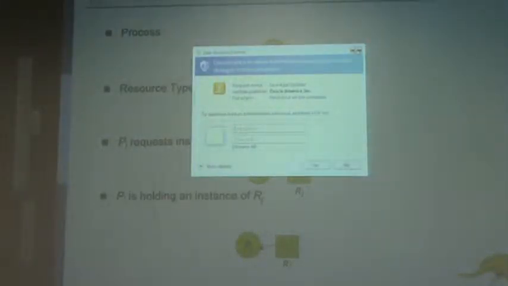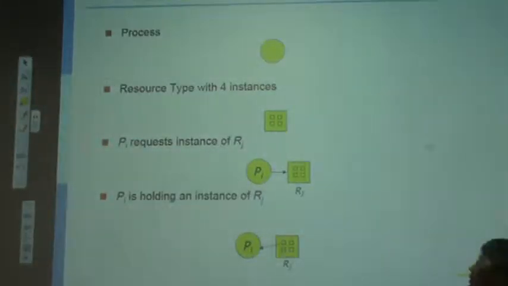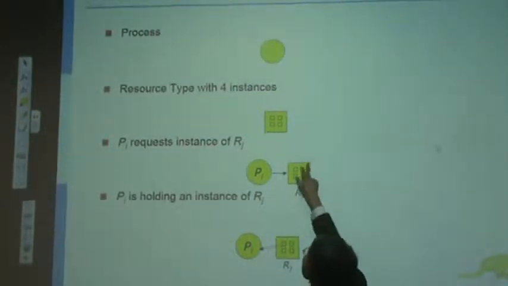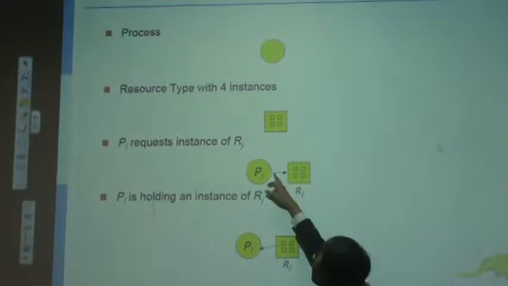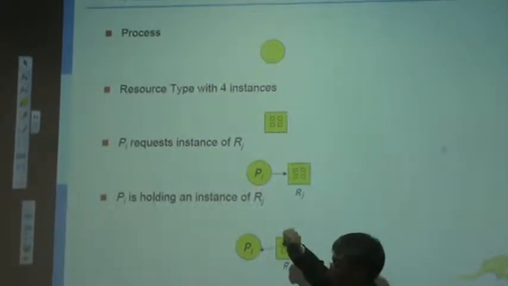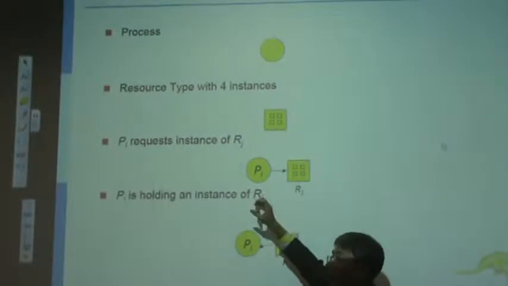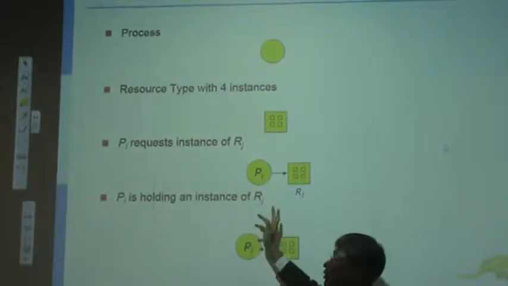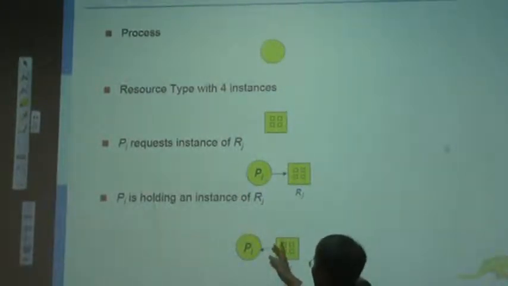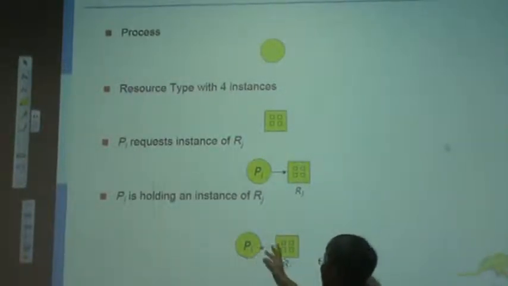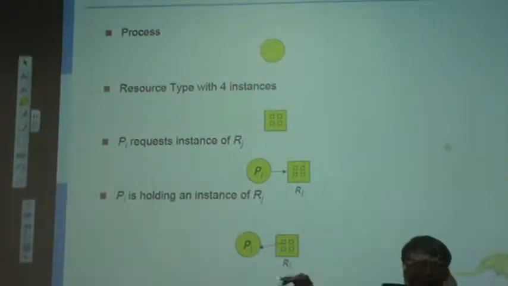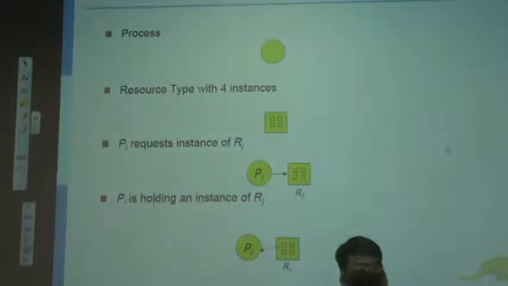One is the request edge, which means when process i requests one of the instances of R, the edge goes from the process to the resource. It's a directed edge. Okay, there is a direction. If one of the resource instances is assigned to the process, we make an edge in the opposite direction, an arrow from the instance to the process.